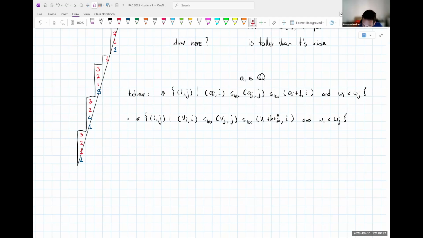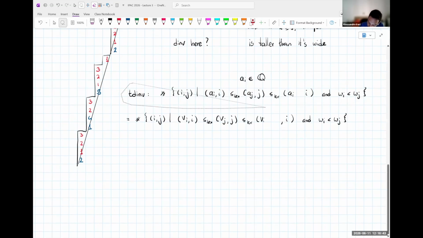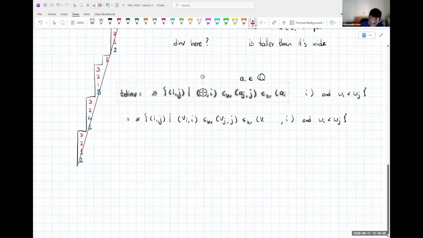Sorry, I got it the other way around. Yes, all right. Sorry. This is k plus n over m. It's the slope of this path here.